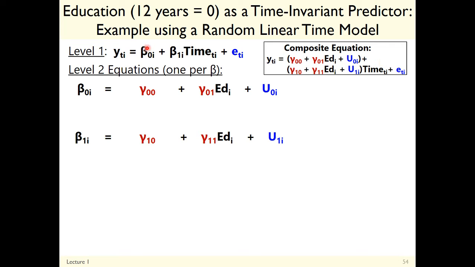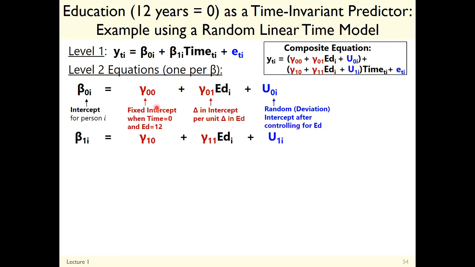So we can go through what the model says each person's intercept is going to be. So beta 0i is how each person gets an intercept here. It starts off with the fixed intercept. So previously this was at time 0. Now that we also have education as a predictor of the intercept, it is also for education of 12 years.